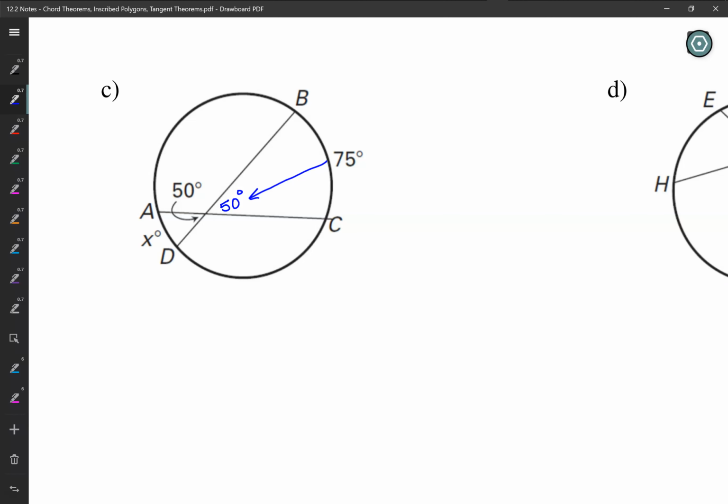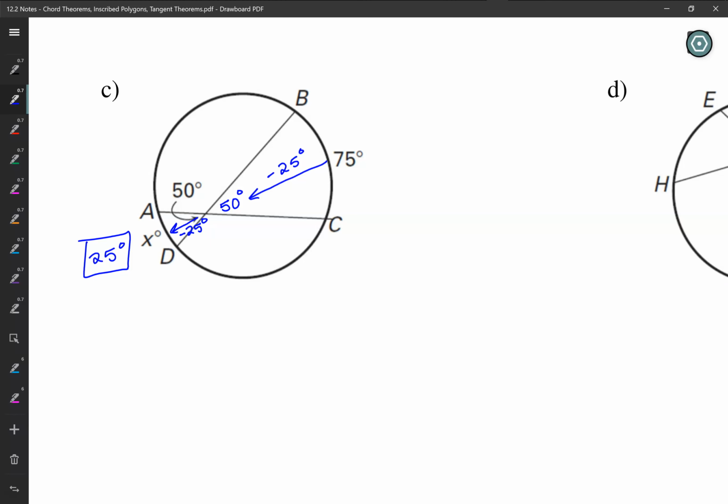So that means 75 minus 25 is 50. Well, that means if I have to subtract 25 to get from here to here, I also need to subtract 25 to get from here to here. So let's subtract 25 again. What's 50 minus 25? Well, that's going to give me 25 degrees.